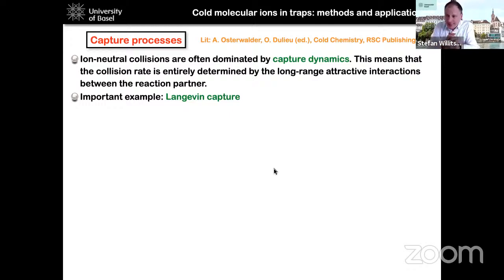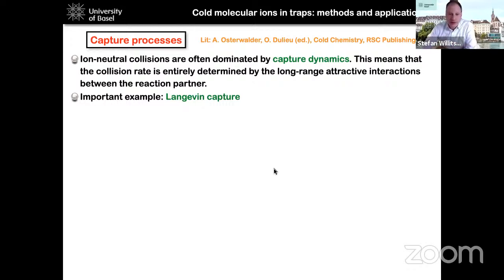And if that is the case, then collisions between ions and neutrals often follow what is called capture dynamics. And that is exactly what this refers to, namely that the collision is completely governed by the long range interactions, and short range interactions between the particles do not play a role.